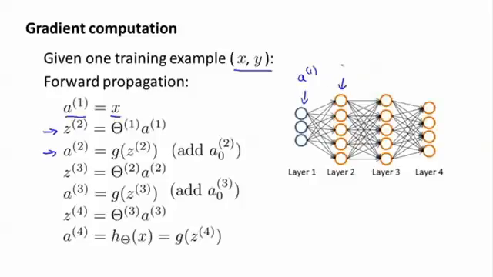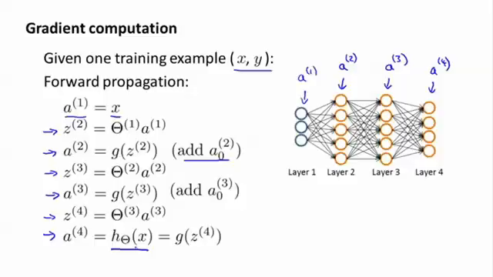And this would give us our activations for the first hidden layer, that is for layer 2 of the network. And we also add those bias terms. Next, we apply two more steps of this forward propagation to compute a3 and a4, which is also the output of our hypothesis h of x.